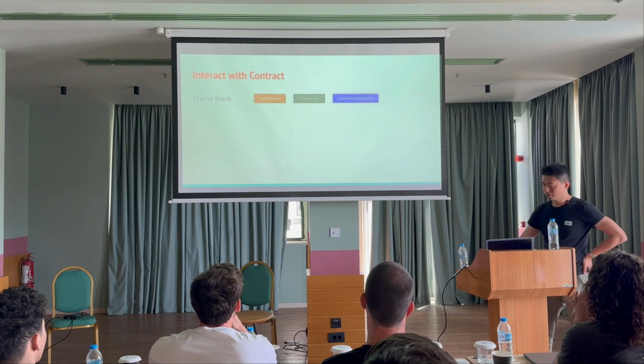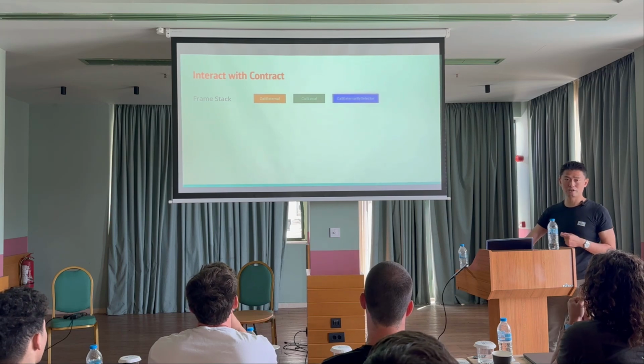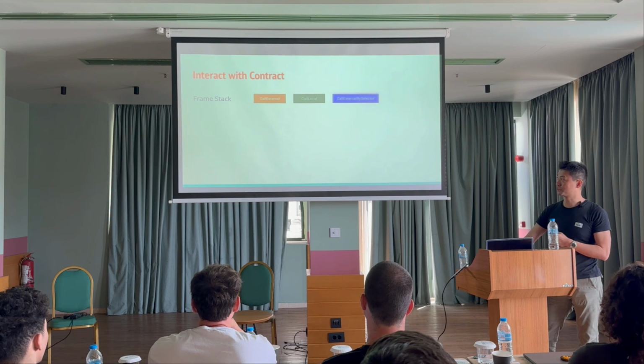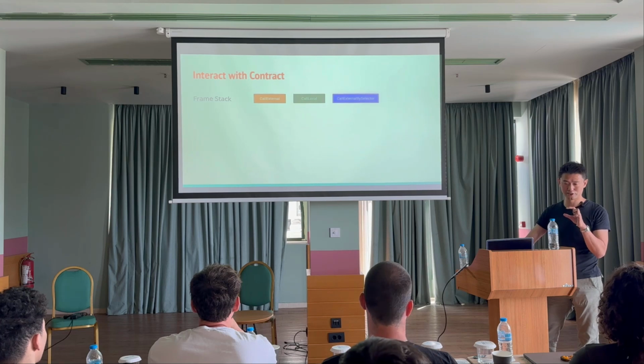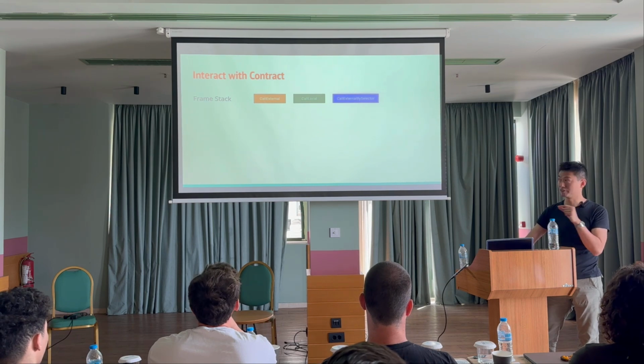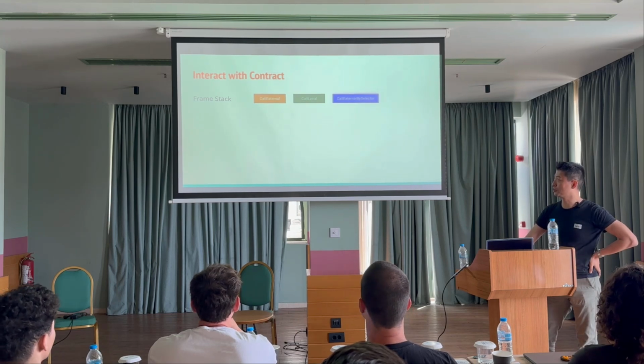So I just talked about the frame stack. To be able to call a contract method, there's a specific opcode for that. You can call external, and you can have a contract ID in the stack, and this one has a method index, so you know exactly which method you are calling.